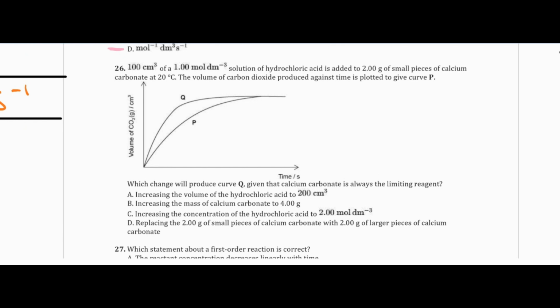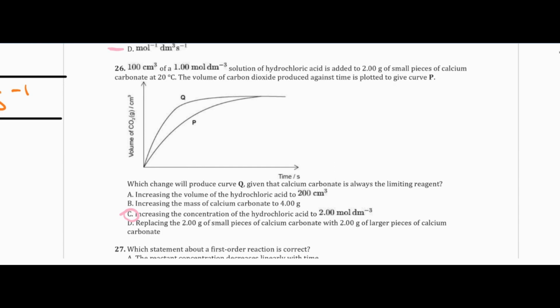B, increasing the mass of calcium carbonate, well, that will slow it down because there's a larger surface area for the hydrochloric acid to cover. C, increasing the concentration of the hydrochloric acid to 2 mole per decimeter cube, yeah, that would speed up the reaction.